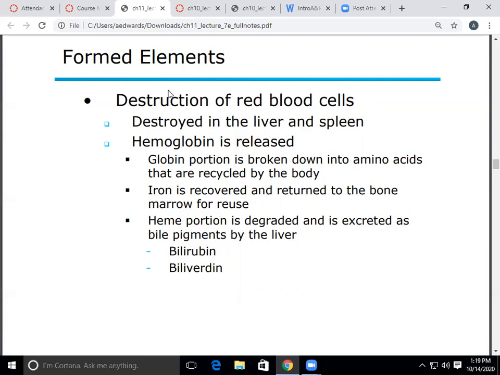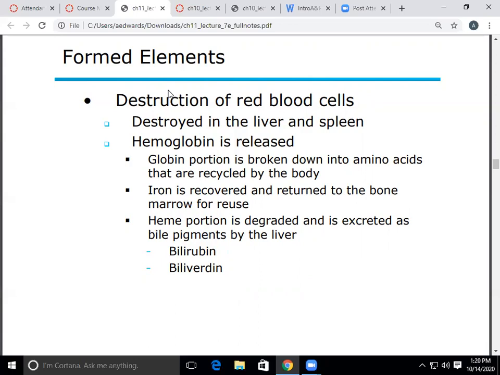So hemoglobin gets released from those red blood cells that are dying or being destroyed. The globin part of the hemoglobin gets broken off and broken down into amino acids. Those amino acids can get recycled.